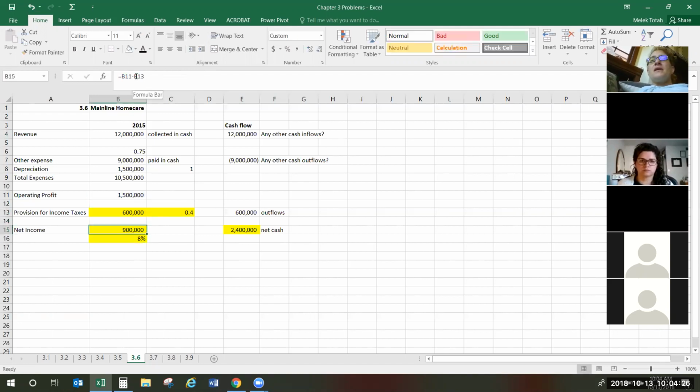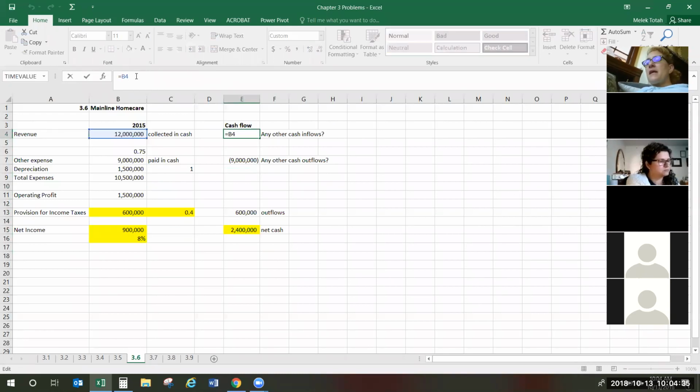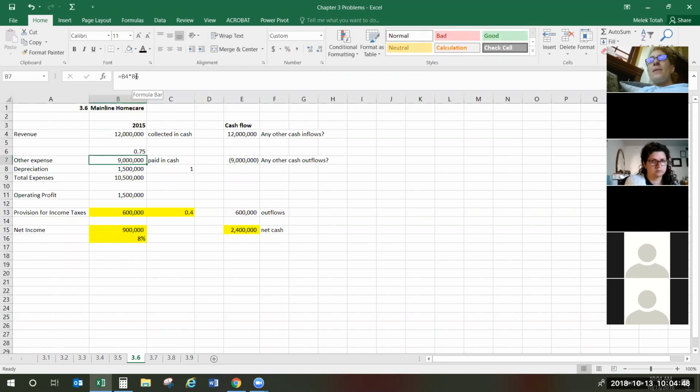Okay, and then what it was asking is how does that look for your cash flow? And it said basically that your revenue is all collected in the same year, so your cash inflows should equal your revenue. So you're doing something similar to a profit and loss statement, but it's a cash flow. You're going to pay all your expenses out. Now remember, depreciation is non-cash, right? It's a charge from your balance sheet, but you don't have to actually pay any cash for it.